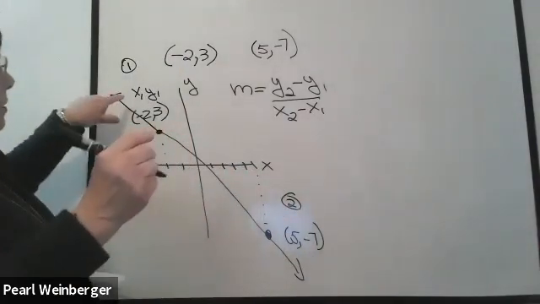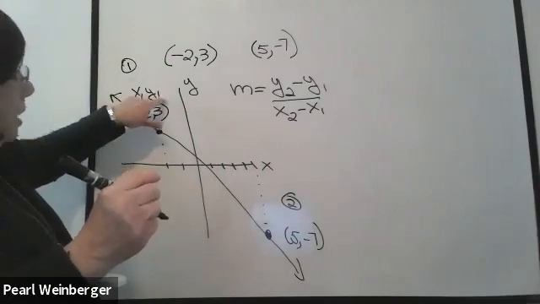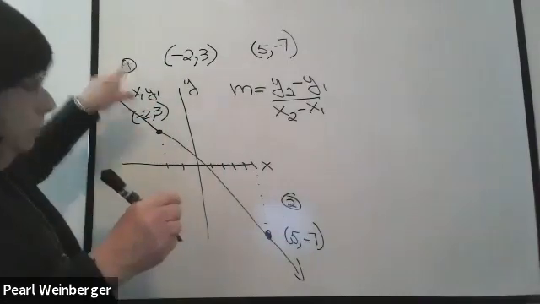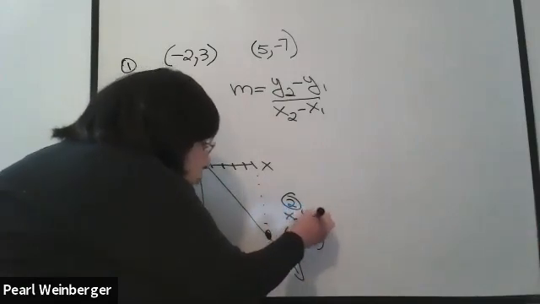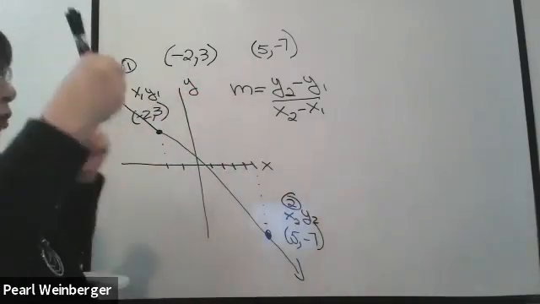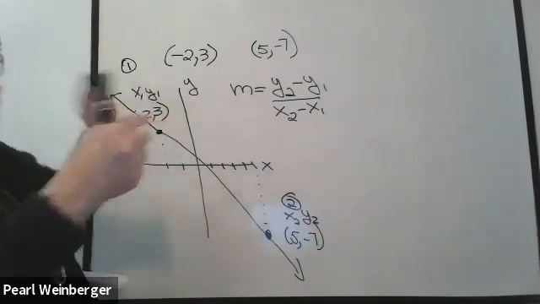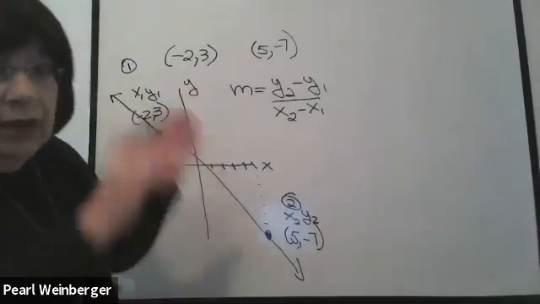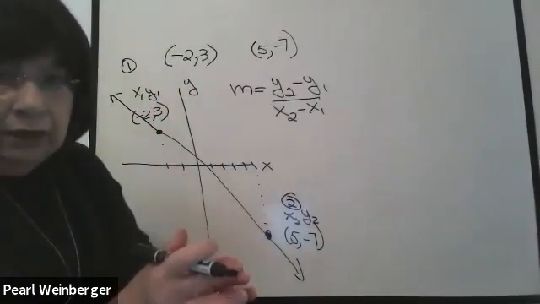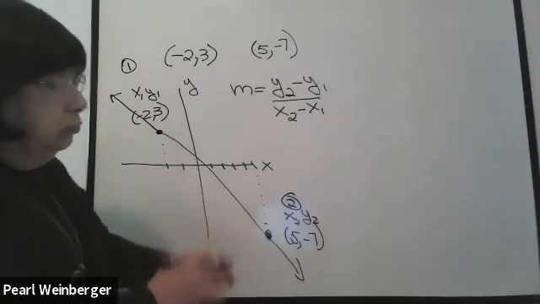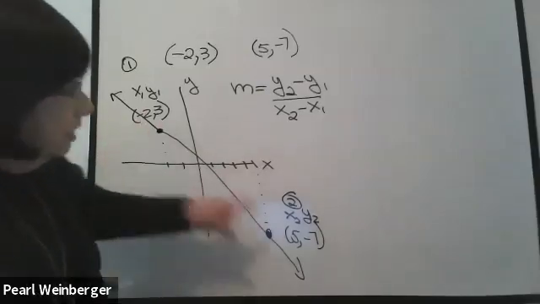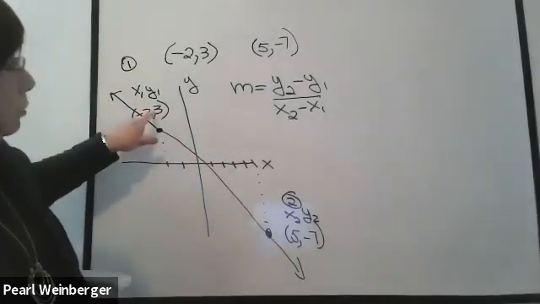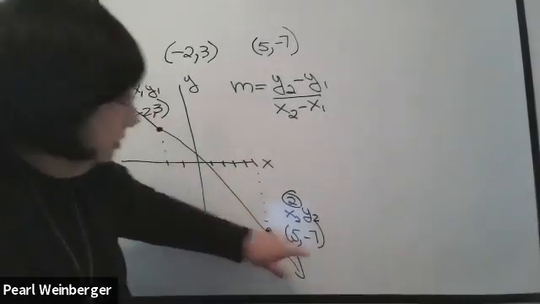So then the x1 with the y1 will go with point 1. The x2 with the y2 goes with point 2. Don't mix it up. Don't do x1 with y2. That doesn't work. x1 has to go with y1. x2 has to go with y2. And remember, the x's are the first numbers, the y's are the second numbers.